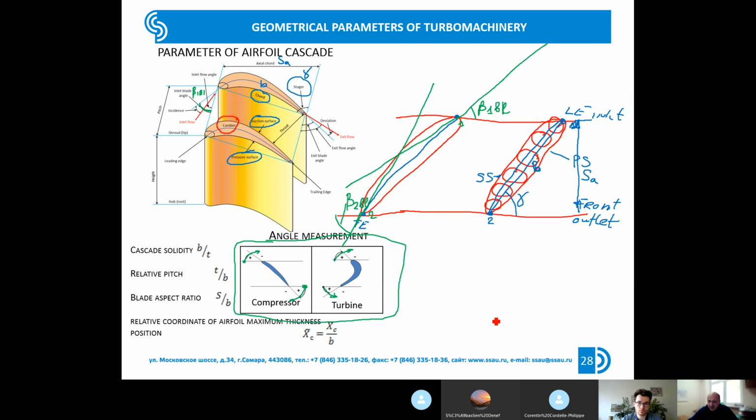I think it's only traditional, but in different turbomachinery schools, especially in England or the USA, another approach to measuring angles is used.